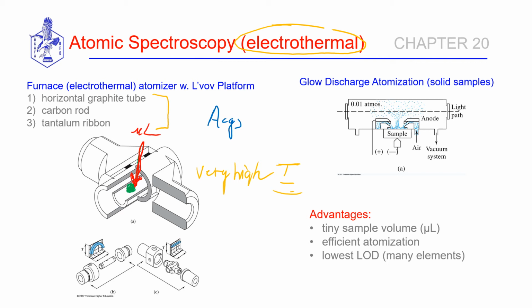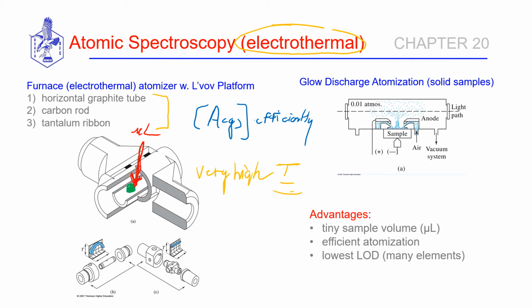So the more efficiently we do this, the better. Once again, if you have oxides in which it's going to take a really high temperature to free your element from the oxygen, this gets done more efficiently this way. So what this does is it lowers your detection limits because it presents a higher concentration of your analyte species in the correct form to absorb the radiation.